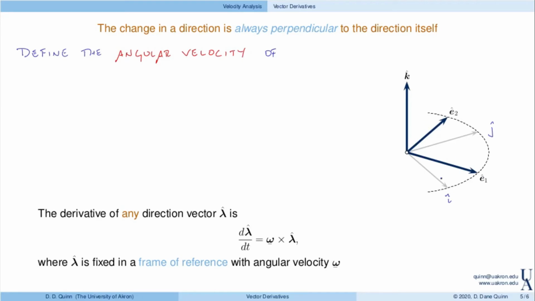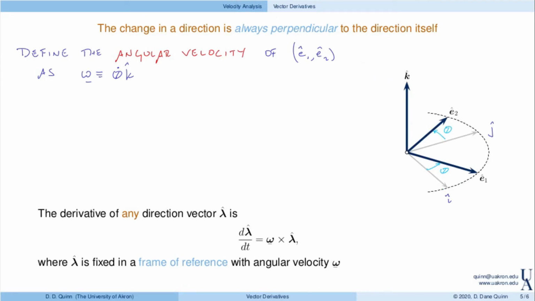So E1, E2, i, and j are all in a single plane, and then k comes out of that plane. So we'll define the angular velocity of E1 and E2 as omega, which is theta dot in the k direction. And again, theta is the angle between i and E1 or j and E2.